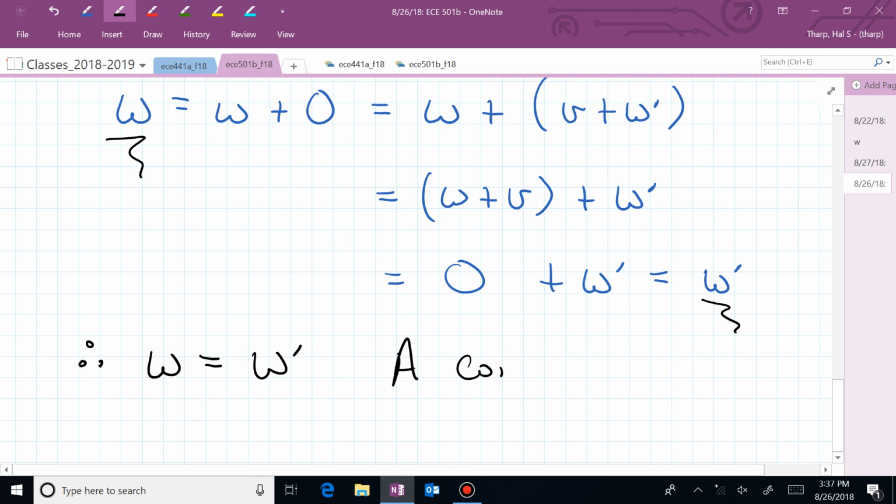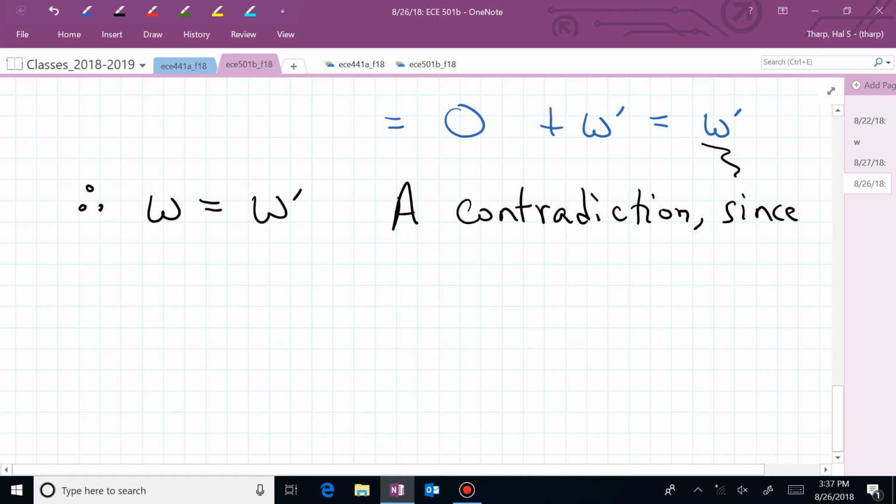So here is our contradiction. In writing this proof, we probably wouldn't state all of this, but I'm trying to get us comfortable with where these steps in the process take us. So a contradiction, since we assumed W and W prime were in fact different.